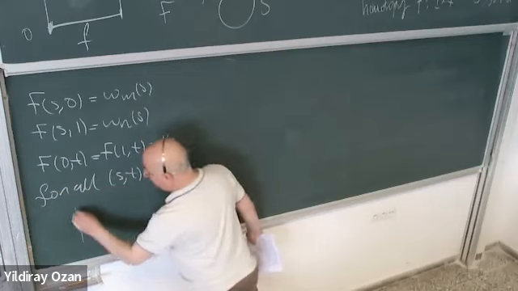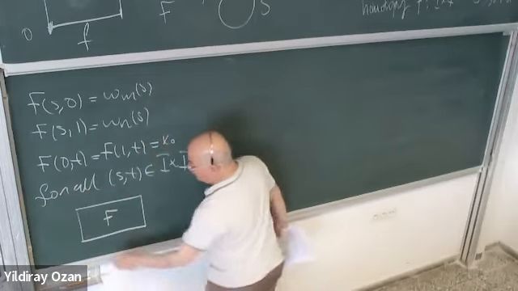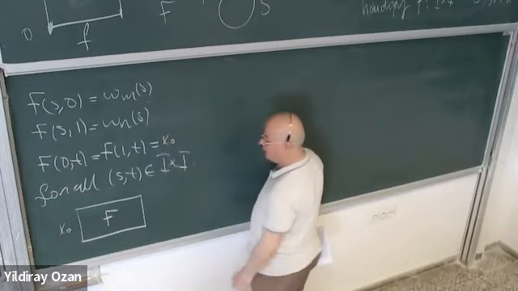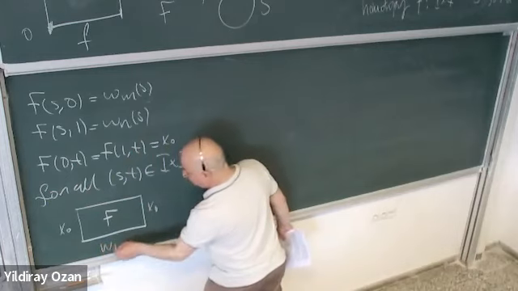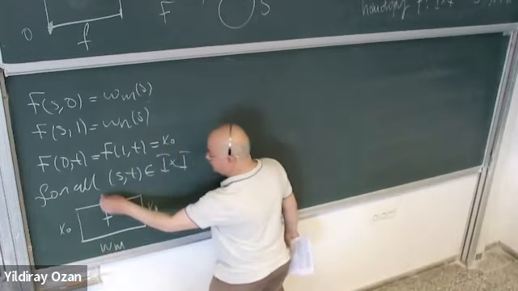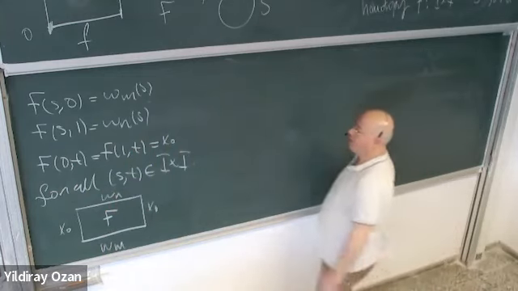I have a homotopy F. This end is mapped to x0. This end is mapped to x0. This is Wm and this is Wn.